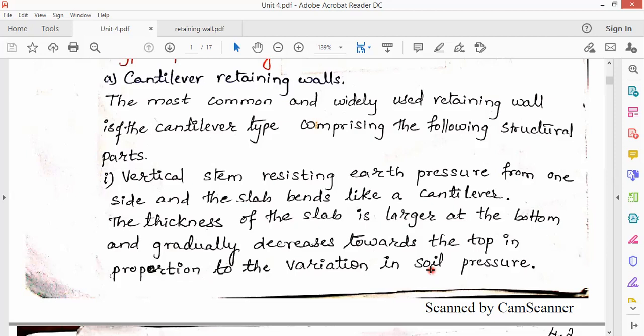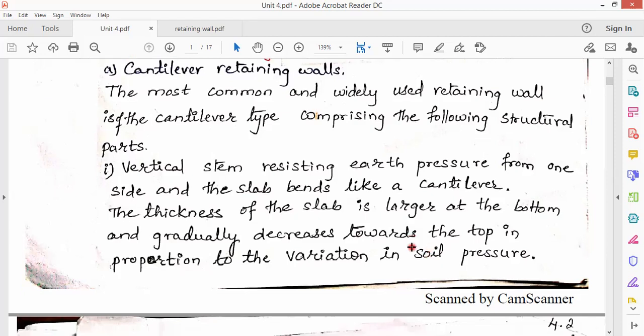So it is like the water pressure which we studied in fluid mechanics. So at the bottom soil pressure will be triangular in shape, and at the top it is zero and maximum will be at the bottom. So at the bottom the stem thickness will be provided larger, and at the top we are going to reduce it. That will be gradually decreased towards the top of the cantilever slab.